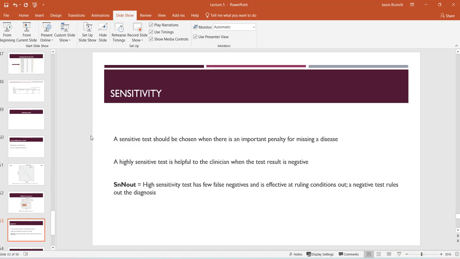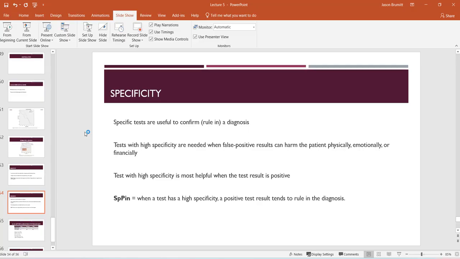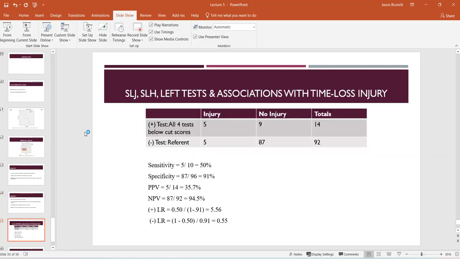Sensitivity and specificity, I'm sure you've seen this before. There are some valuable ways we can think about sensitivity and specificity with our epidemiologic studies, and that gets into the SPIN and the SNOUT. Sensitivity here, thinking about the SNOUT, and specificity, the SPIN. So how could this be valuable? Well, let's take a look at some data here. So this data, a population of 92 college athletes.